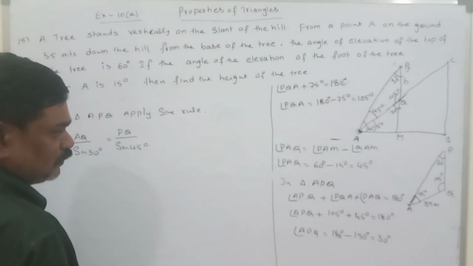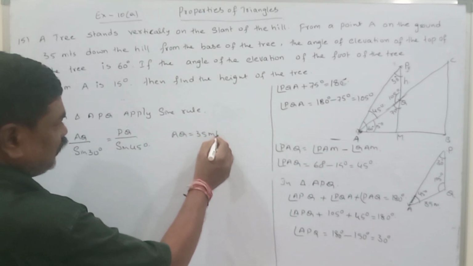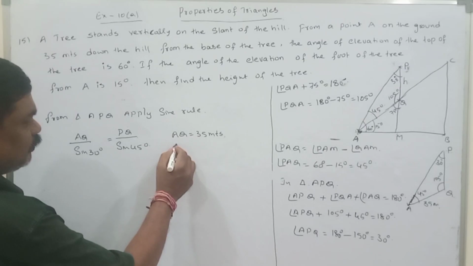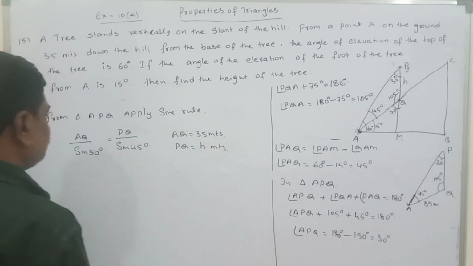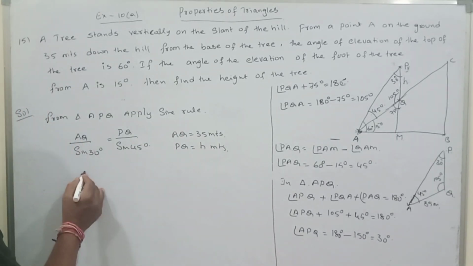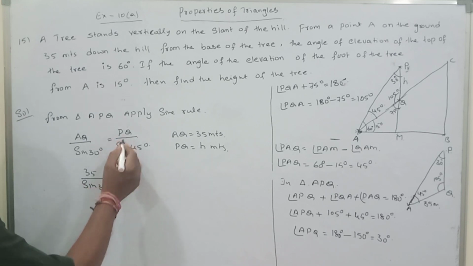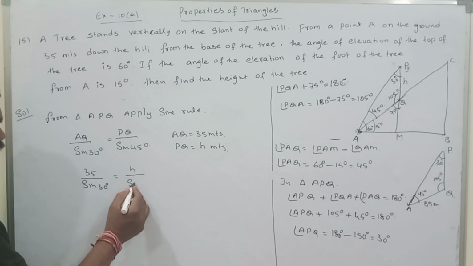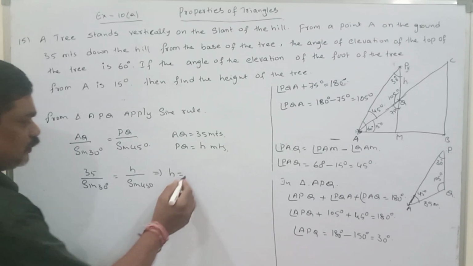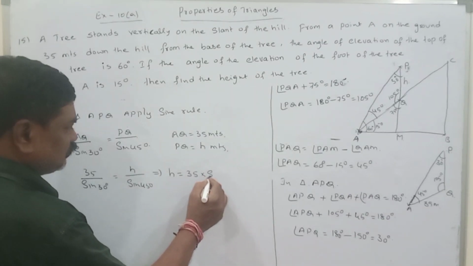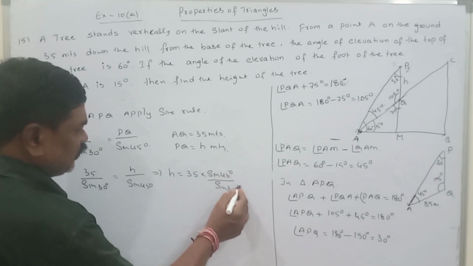But here we know AQ is equal to 35 meters slant height, and PQ is equal to the height of the tree, h meters. So 35 by sine 30 degrees is equal to h by sine 45 degrees. This implies h is equal to 35 into sine 45 degrees by sine 30 degrees.